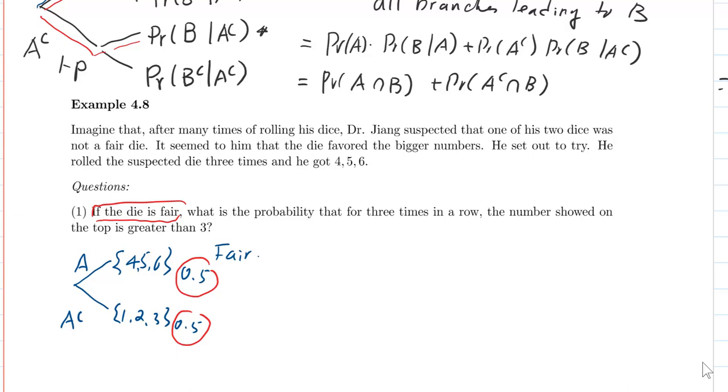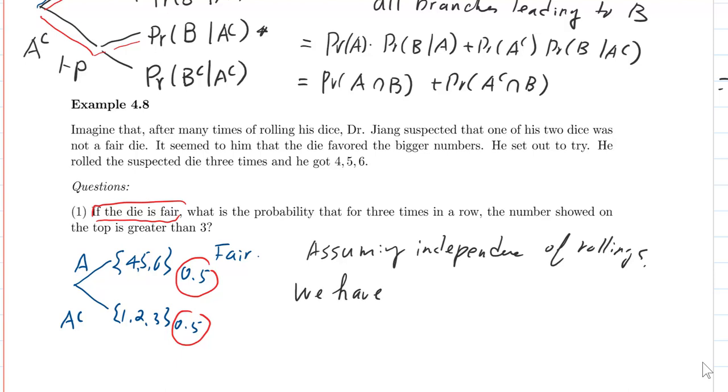And we assume these 3 rolls are independent. So the probability over here, based on independence, for 3 rollings, we should have the following.